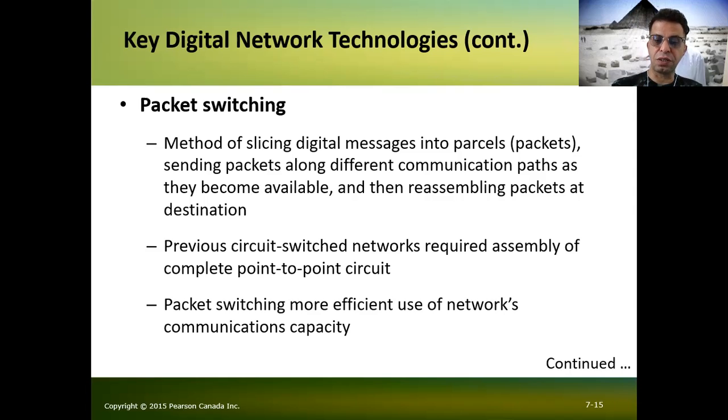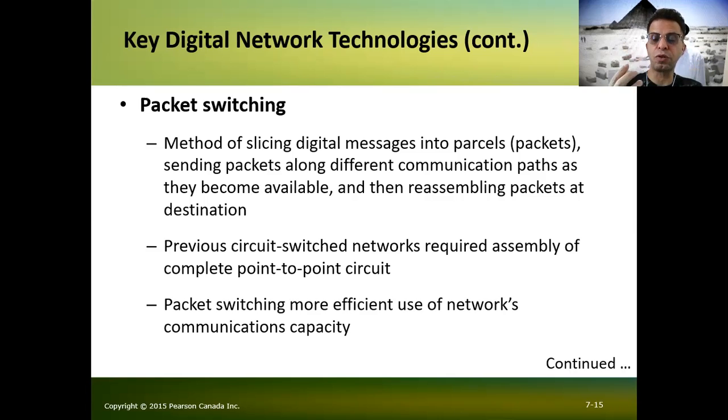The previous circuit switched network required assembling a complete point-to-point circuit, and this is how they discovered the network, because there was a professor in San Francisco who wanted to communicate with his wife in the next office, so he connected the two PCs to communicate.